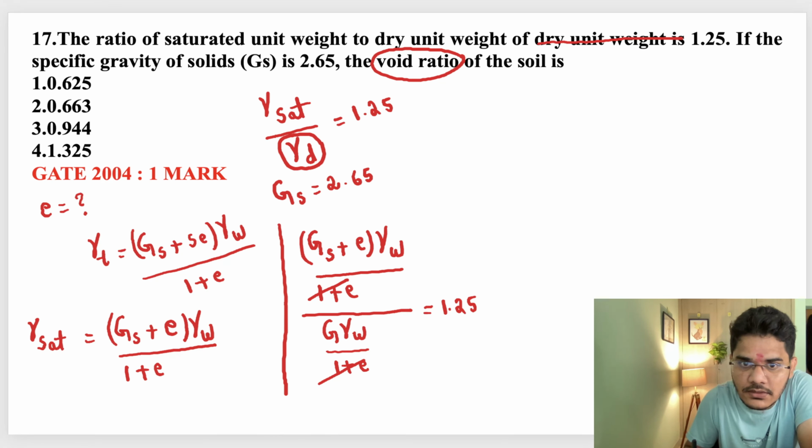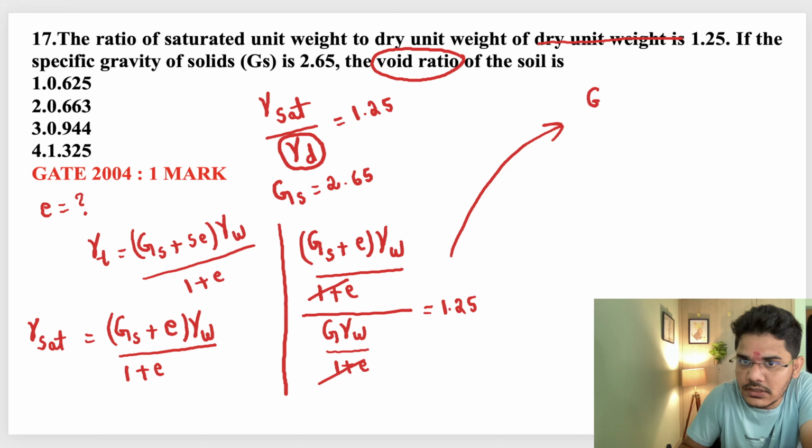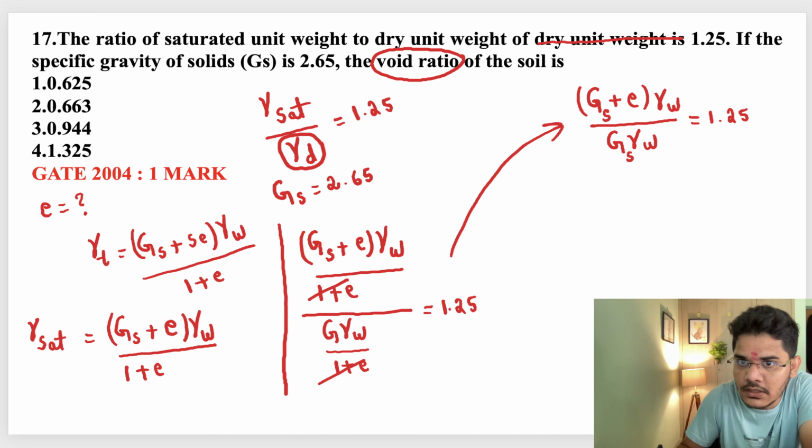What remains is (G_s plus e) into gamma w divided by G_s into gamma w, which is equal to 1.25. The gamma w again gets cancelled.